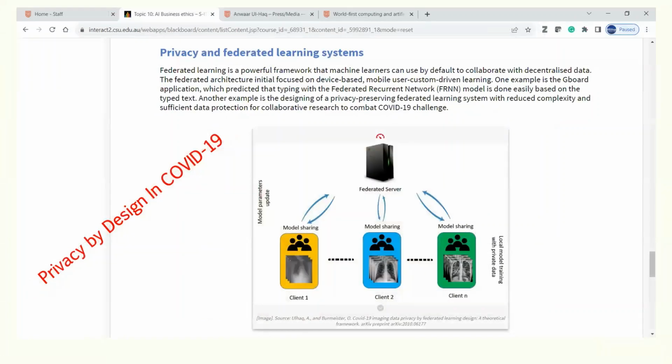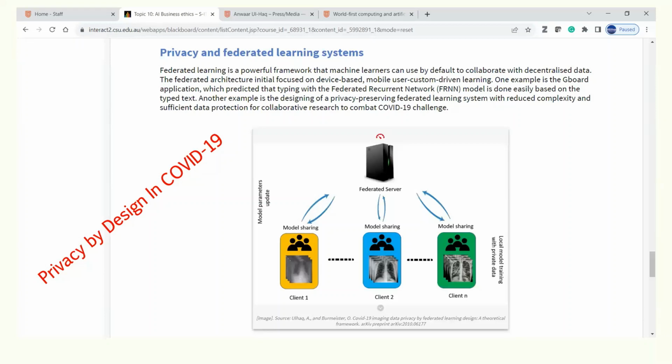And another similar framework which I have tried to incorporate directly into the curriculum is based on image analytics during the COVID-19 pandemic. So we had a collaborative project with our European partners, and we were trying to implement a model without sharing the data.